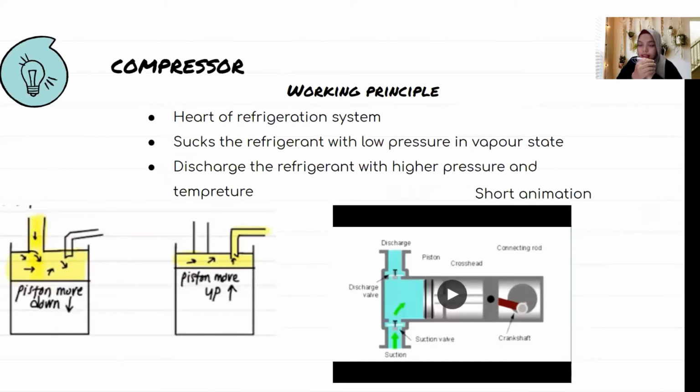First, the compressor sucks in the refrigerant at low pressure from the previous device in a vapor state, and then discharges the refrigerant at higher pressure and, at the same time, higher temperature. Inside the compressor there is a piston, a discharge valve and a suction valve. I will show you a short animation about the compressor.